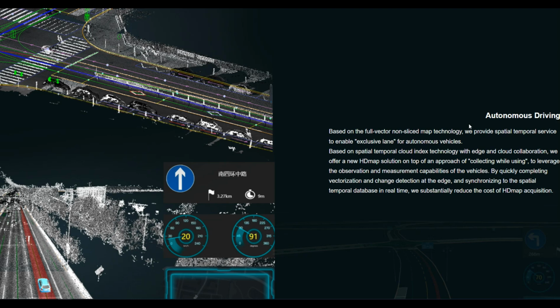Based on the full vector non-sliced map technology, which is not that common in autonomous driving, we provide spatial temporal service to enable exclusive lanes for autonomous vehicles. Based on spatial temporal cloud index technology with edge and cloud collaboration, we offer a new HD map solution on top of an approach of collecting while using, to leverage the observation and measurement capabilities of the vehicles.